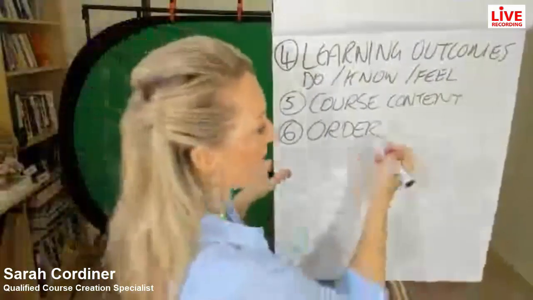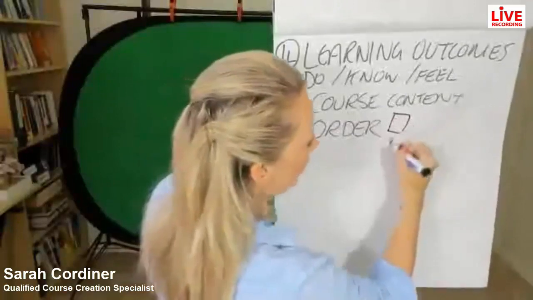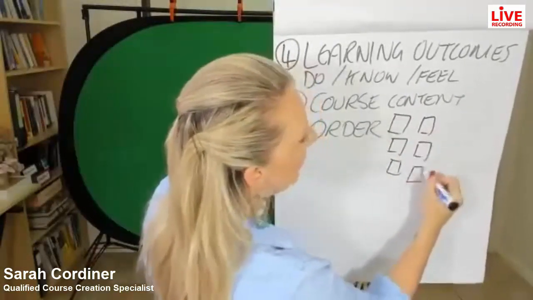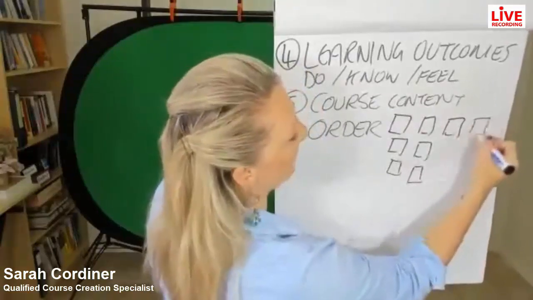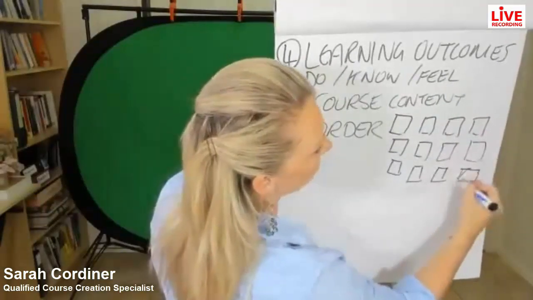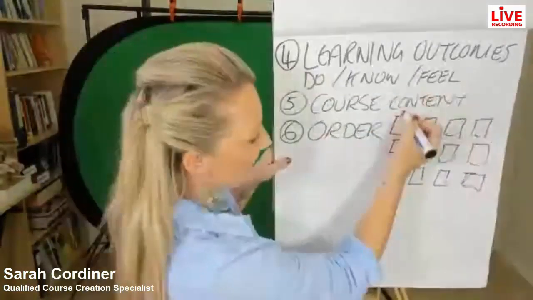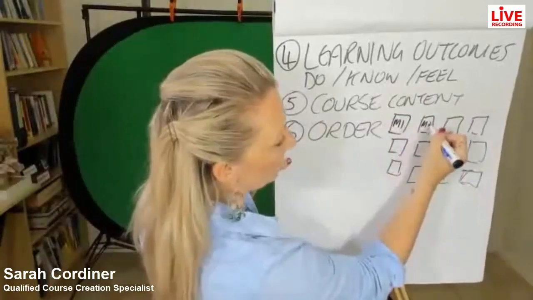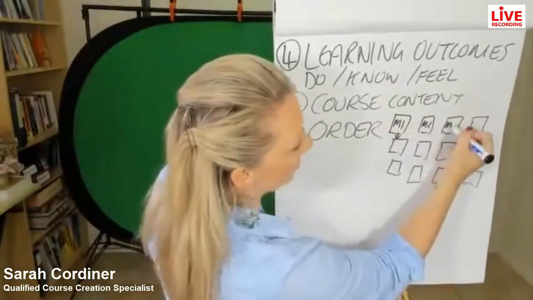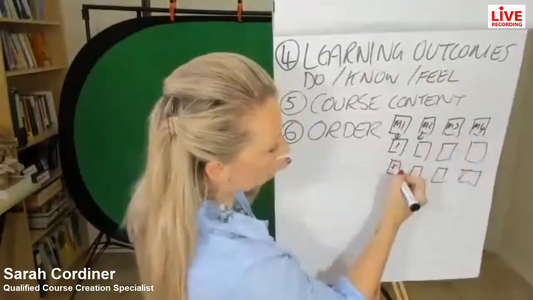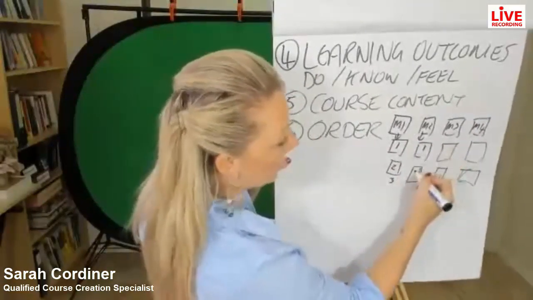Now, I personally just like to line all of my post-it notes up on the wall into little sections like this. So it's just to show you how I do it. So once I've got all my little families of post-it notes, quite simply, this column here is going to be module 1. This one will be module 2. So it goes down like this, module 3, module 4, and then this is tip 1, tip 2, tip 3, and you get the point.